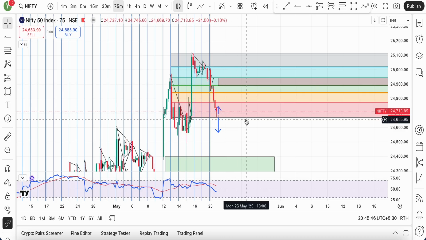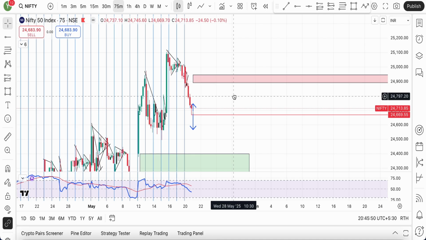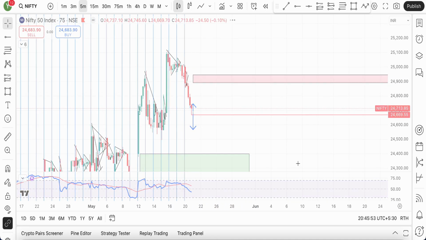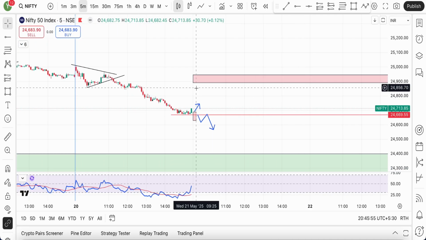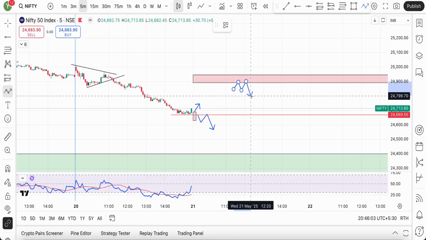We can look at the market taking some resistance from these levels. So in case the market opens with a gap up, it will create some volatility around these levels, and we can look at creating a short in the market around these levels based on price action.